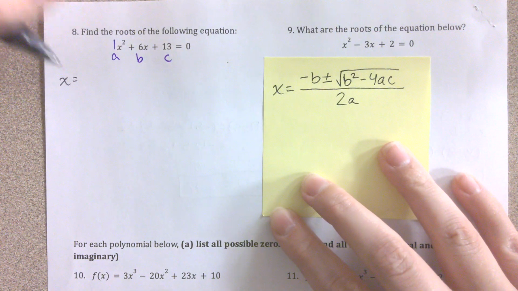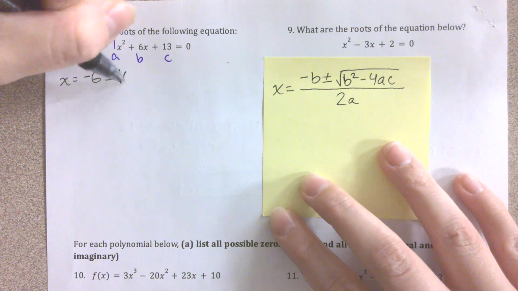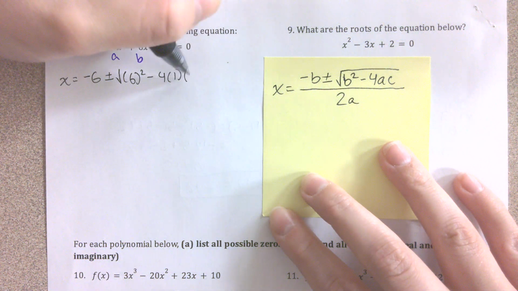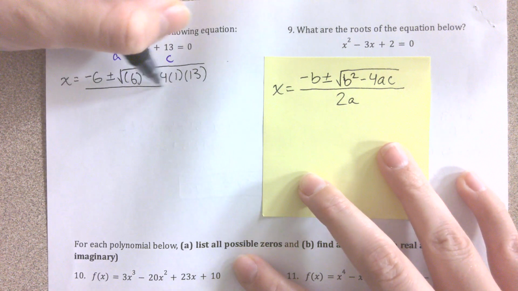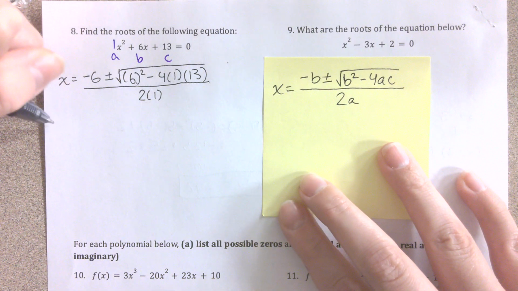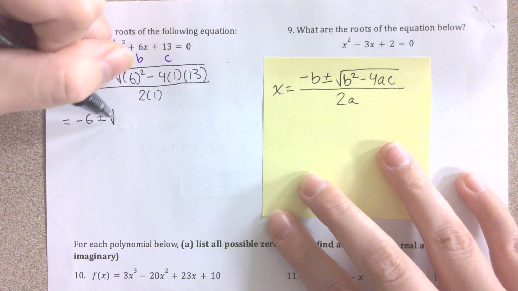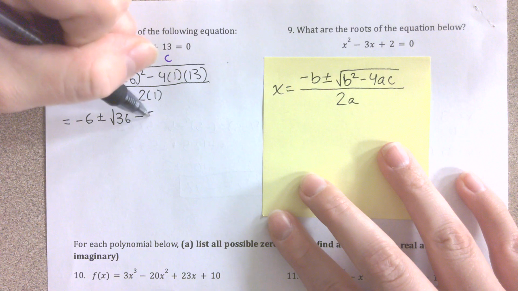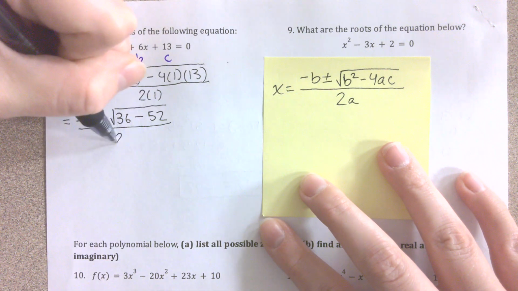So we have x equals negative 6 plus or minus the square root of 6 squared minus 4 times 1 times 13, all over 2 times 1. Negative 6 plus or minus the square root of 36 minus 52, all over 2.